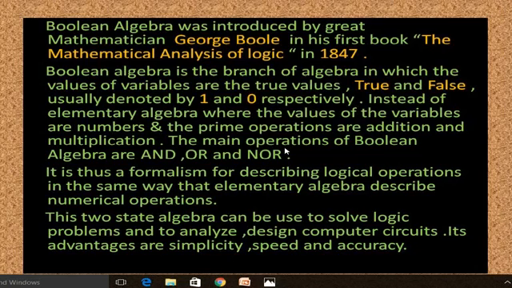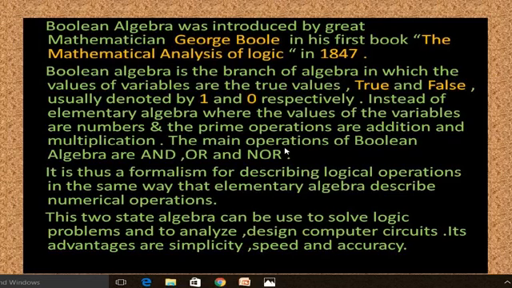Instead of elementary algebra, where the values of variables are numbers and the prime operations are addition and multiplication, the main operations of Boolean algebra are AND, OR and NOT. We'll discuss what they represent.